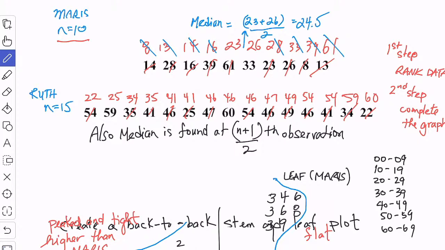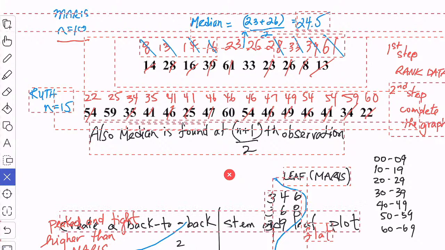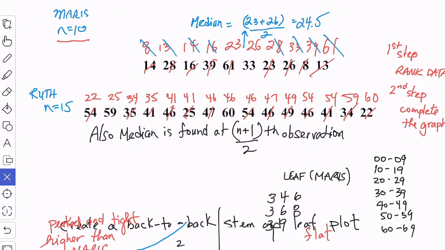So the (n+1)/2 observation is where you will find the median.